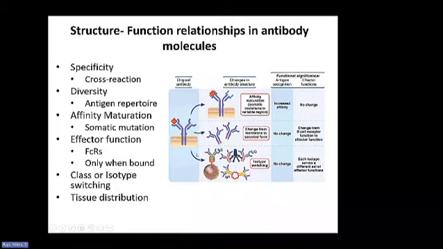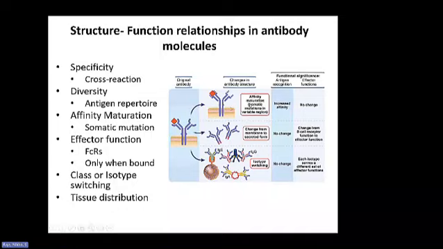But overall, each B cell will give rise to antibodies of a particular specificity. However, there can be cross-reaction between certain antibodies binding to similar antigens. Overall, antibodies in a human body can bind to various different macromolecules, and the diversity that they can bind to is called the antigen repertoire.